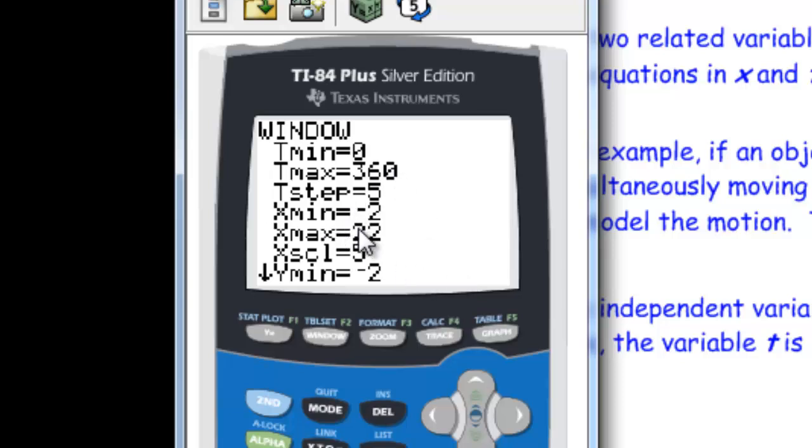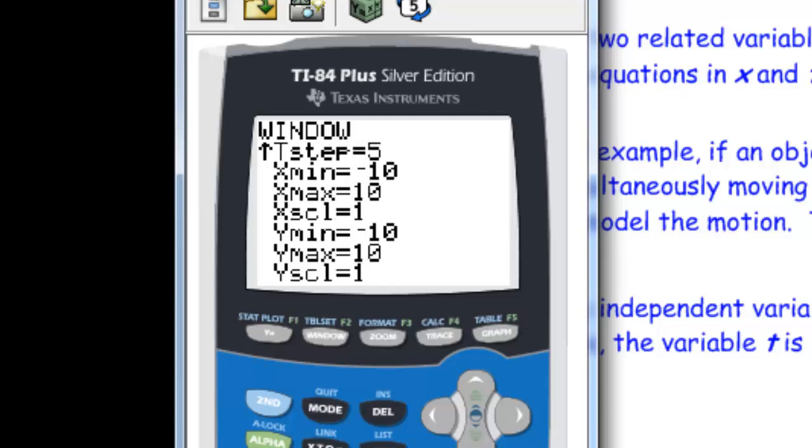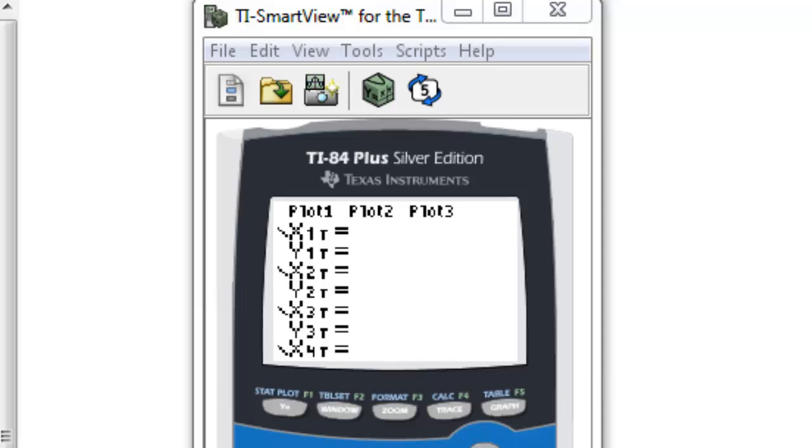For our x-min, x-max, and y-min and y-max, right now, let's use a window of negative 10 by 10 for both x and y with a scale of 1. Here's a little trick.